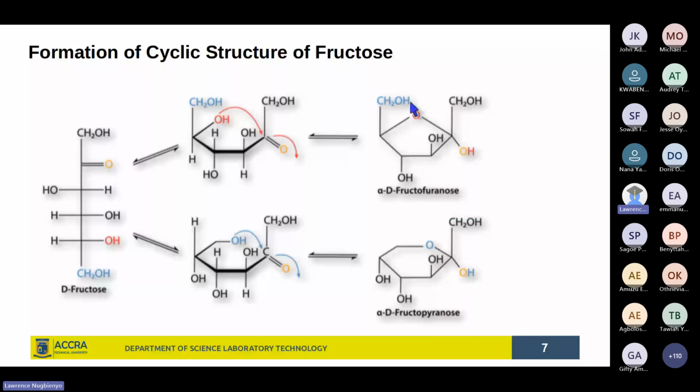Here we're looking at the alpha, but if you have the CH2OH coming down, then there will not be the two bulky groups, CH2OH, up there having what we refer to as steric hindrance between these two groups. So a fructofuranose and a fructopyranose can occur, and that is because of interaction between a hydroxyl group and a ketone group to form a hemiketal. That reaction which we saw earlier.